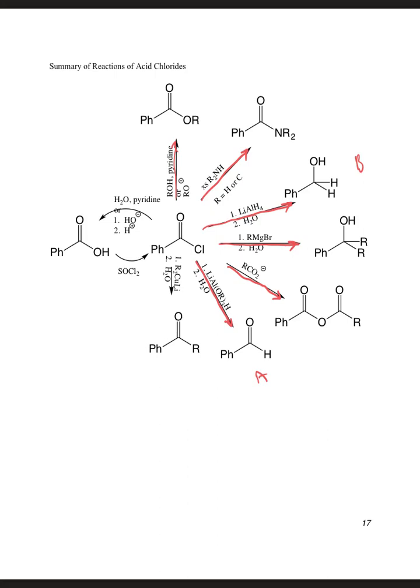It doesn't go further than that. We can do the cuprate, where we reduce it to the ketone, and we can just add water to make the carboxylic acid, or to the carboxylic acid we can add SOCl2 and a carbonate and make the acid chloride.